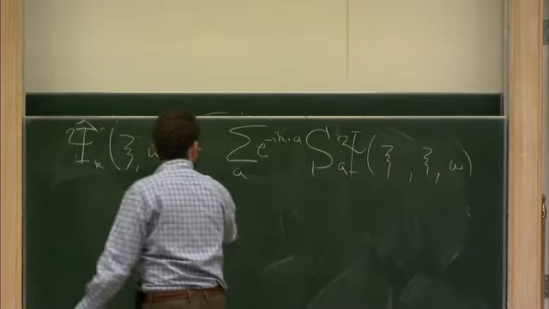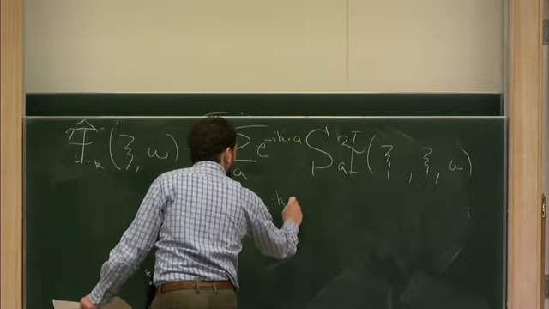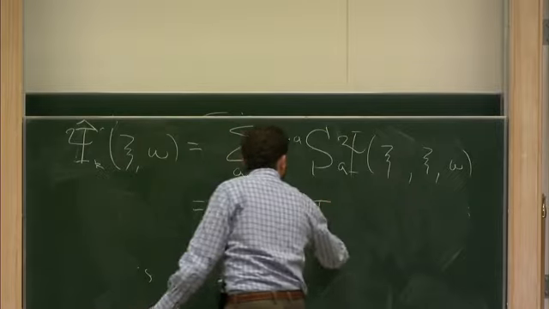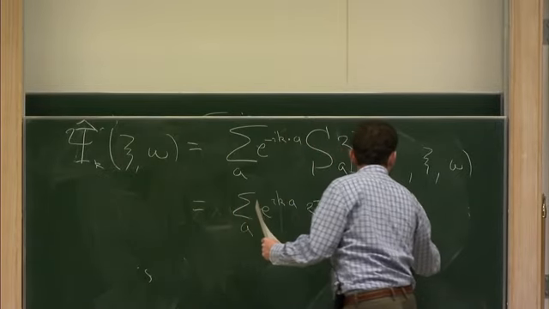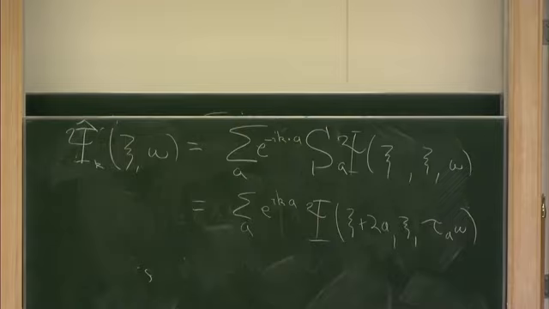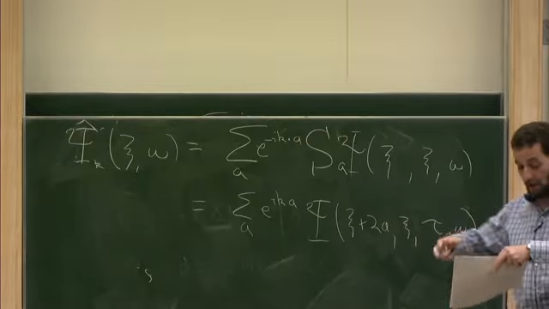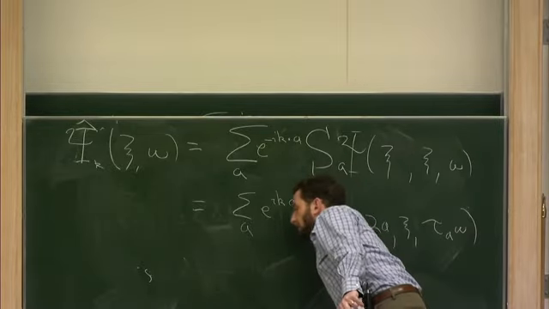Okay, so more explicitly, if you want to write it down in a way that you can evaluate it, this is simply taking an orbit over all the translations and multiplying by the phase factor e to the ik.